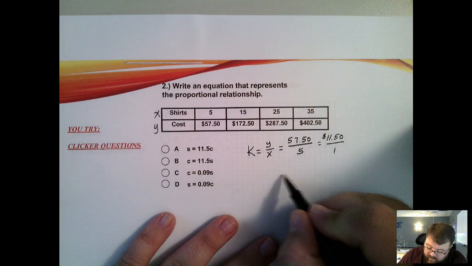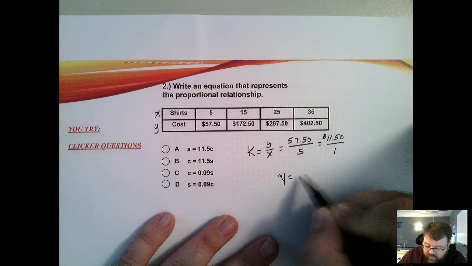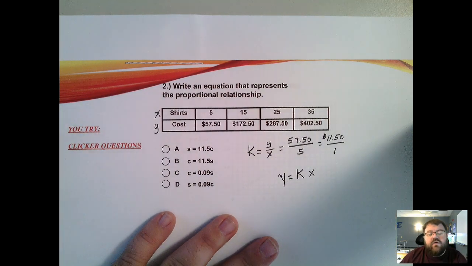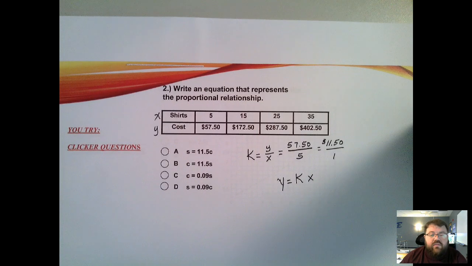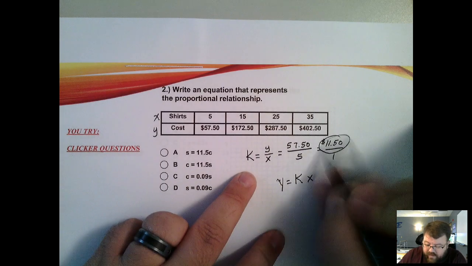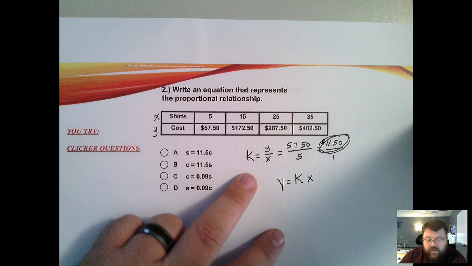Now, next we have y equals kx. Pause the video, write the equation. Which one do you think it is? All right. Next, you needed to go ahead and substitute the value of k in for k.